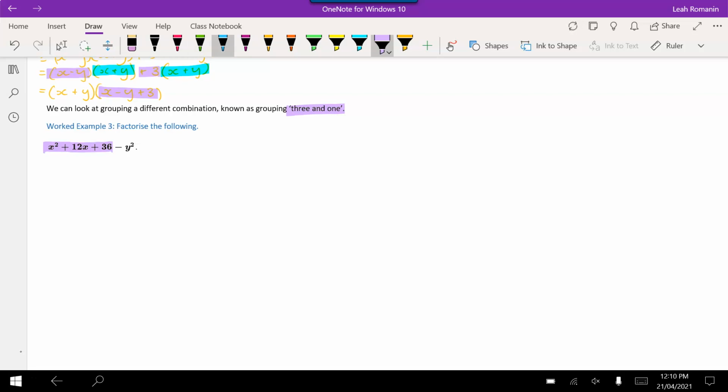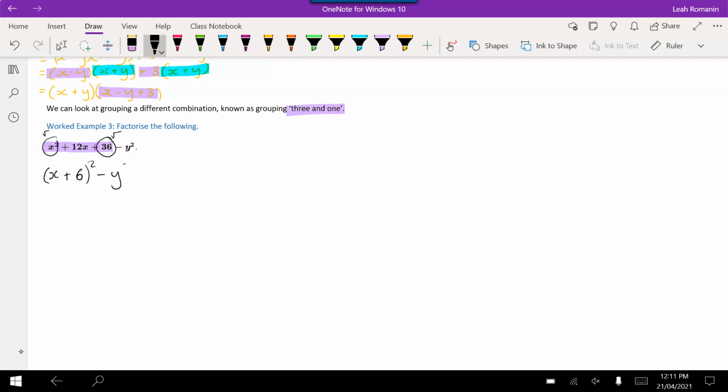To factorize our perfect square, where we have previously looked at expanding perfect squares, we are going to square root the x squared and square root this number here. So I have x plus 6, since the square root of x squared is just x, and the square root of 36 is 6. And I'm going to square this bracket.